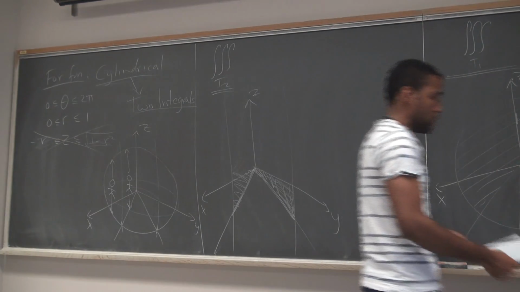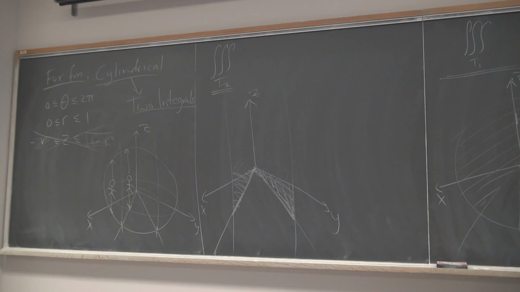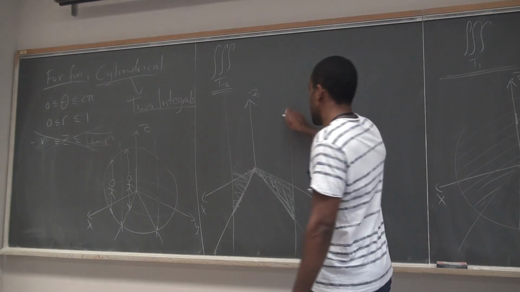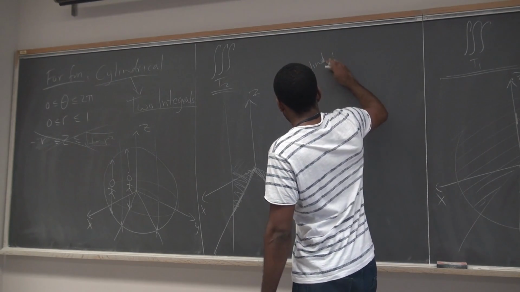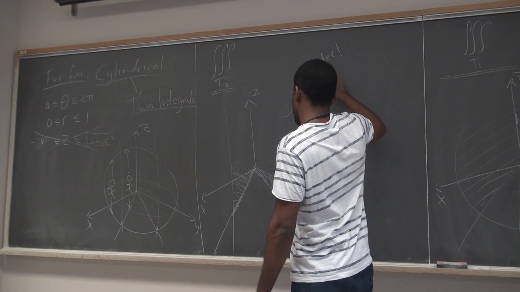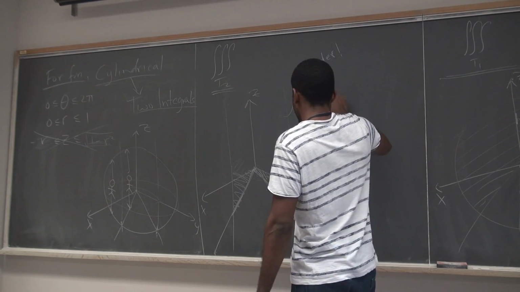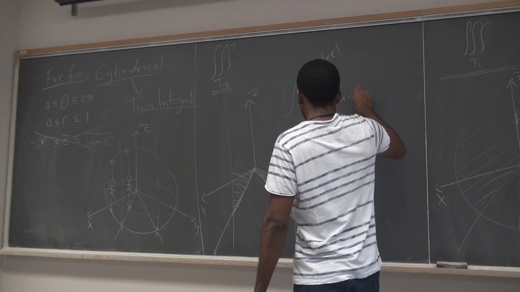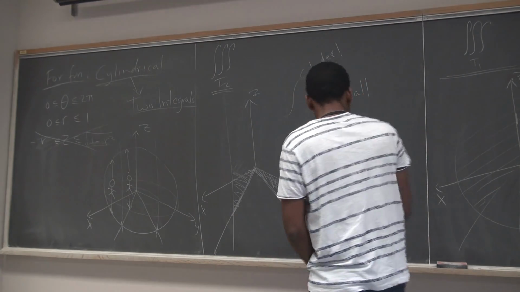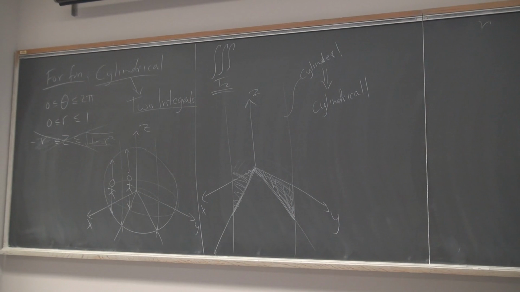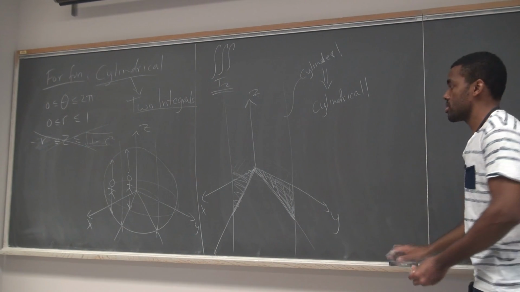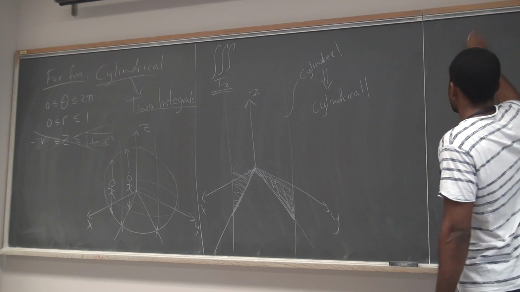What coordinate system would you use? Right, because this is a cylinder. Cylindrical is what I would do. How do we set that up in cylindrical? Theta would be 0 to 2 pi, obviously.